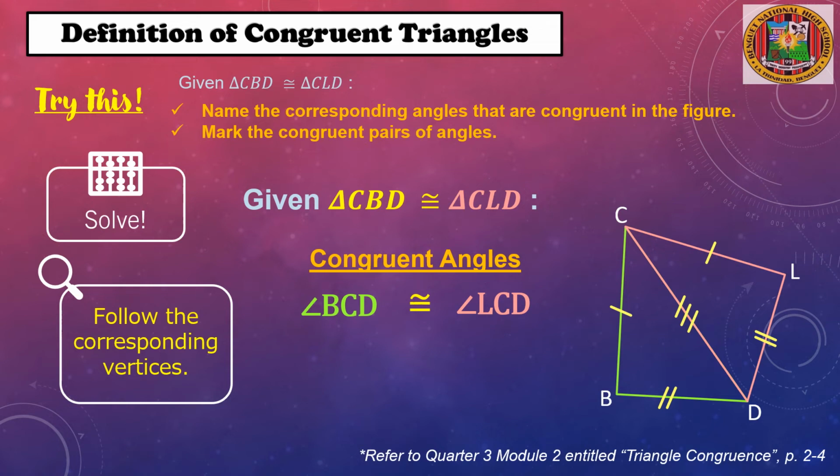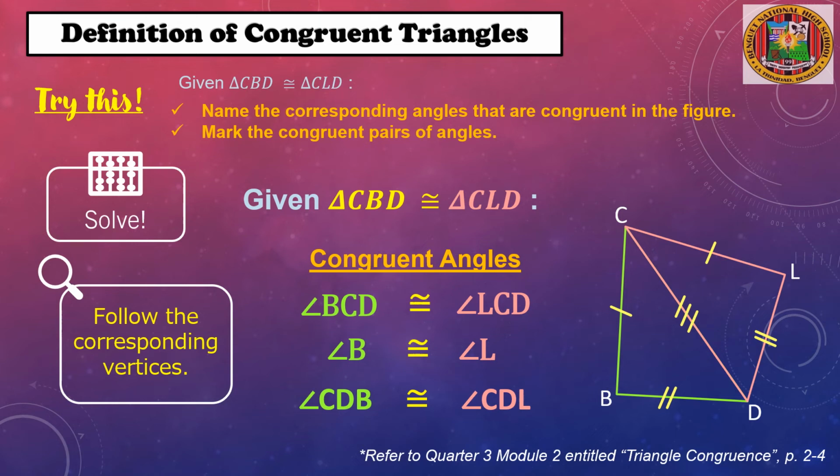Since we can name angles using their vertices, especially when that vertex is not shared by two triangles, we name angle B, which is congruent to angle L. Finally, we name angle CDB, which is congruent to angle CDL.